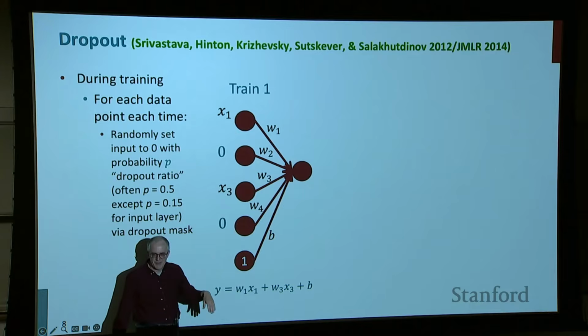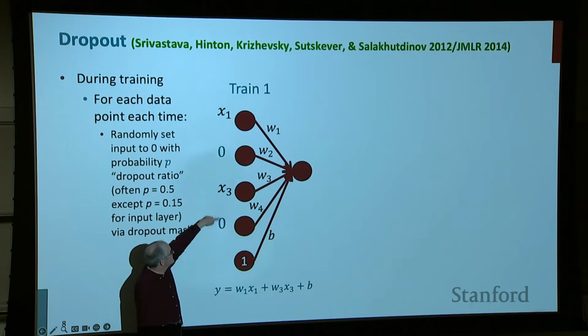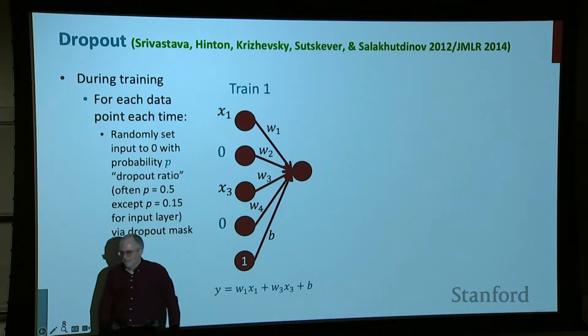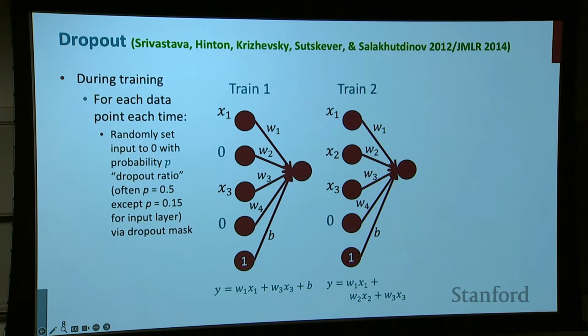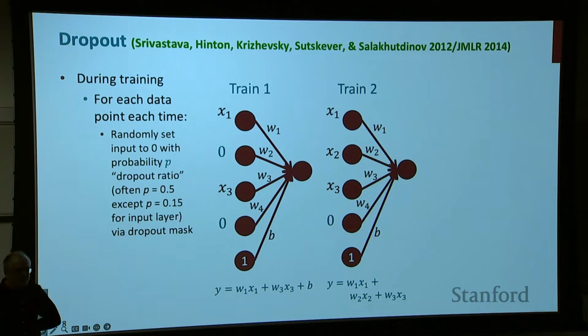You do a Hadamard product of that with the data. So some of the data items go to zero. And you have different masks each time. So for the next thing, I've now masked out something different this time. And so you're just sort of randomly throwing away the inputs.